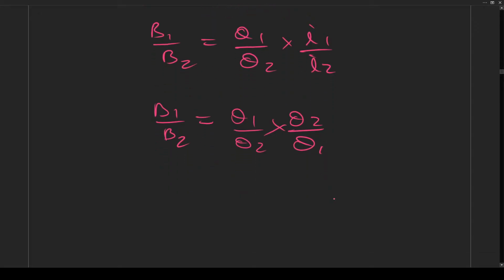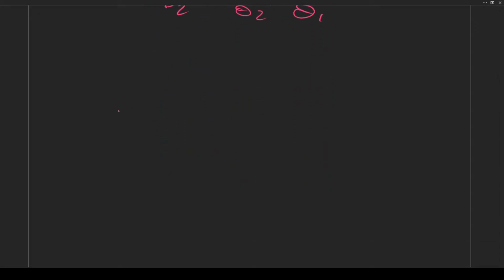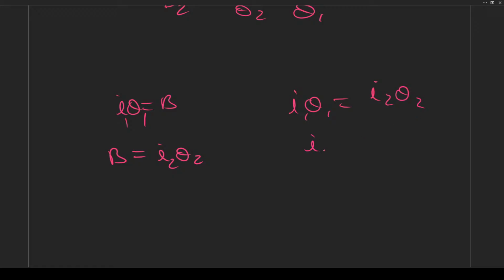From relation B is equal to I theta, I1 theta 1 is equal to I2 theta 2, so I1 by I2 is equal to theta 2 by theta 1.